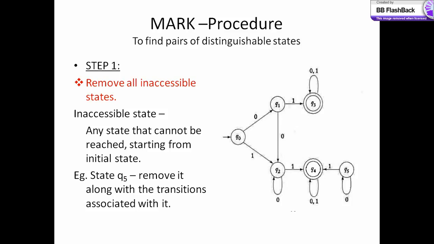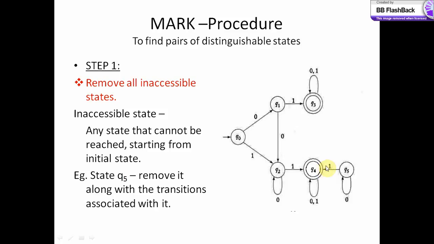For example, in the given DFA, from initial state Q0, Q1 can be reached, Q2 can be reached, from Q0, Q3 can be reached, and then from Q0, Q4 can be reached.